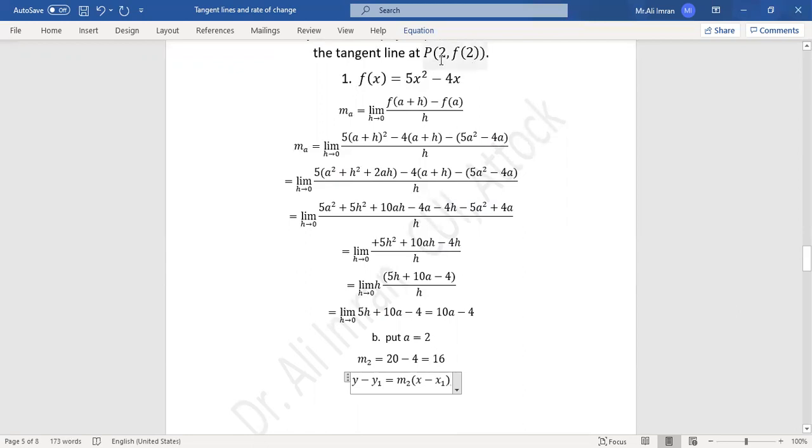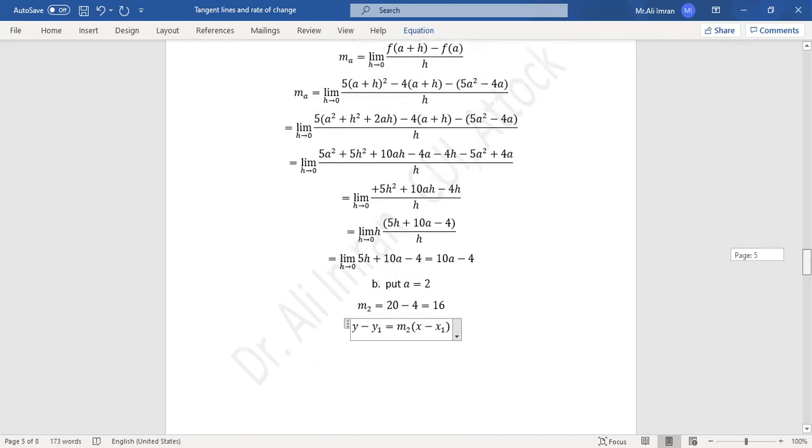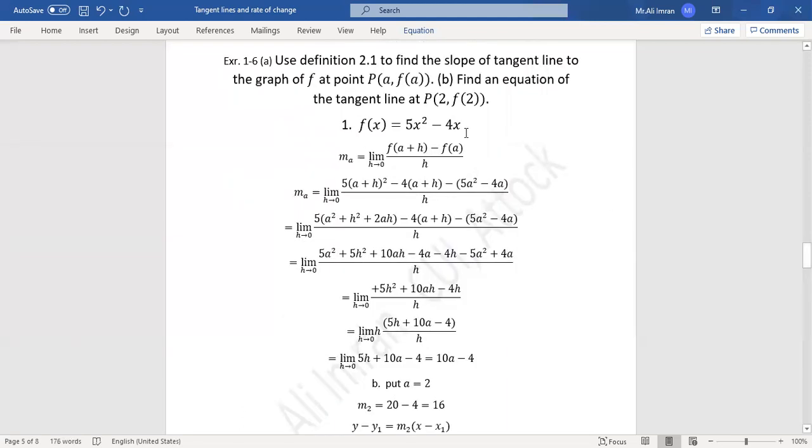Now x1 is equal to 2, and y1 we will find by using a equal to 2 in this function, by putting x equal to 2 in this function.